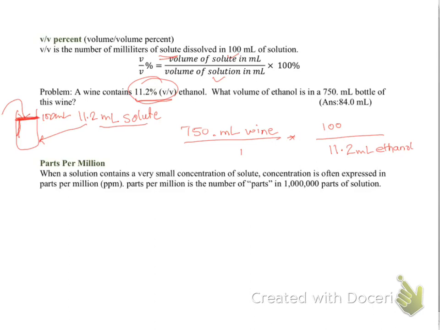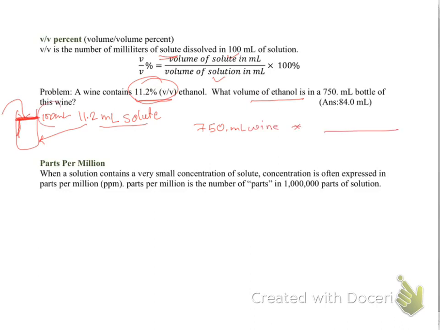Let me rewrite it. We have to find the volume of ethanol. So that means if I'm finding the volume of ethanol, my volume of ethanol has to be on the top. So I have 750 milliliter of wine and 100 milliliter of wine contains 11.2 milliliter of ethanol.